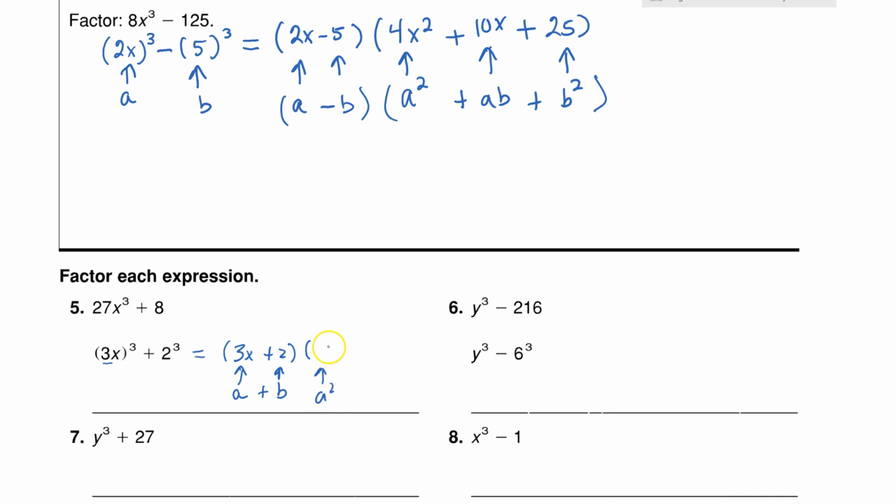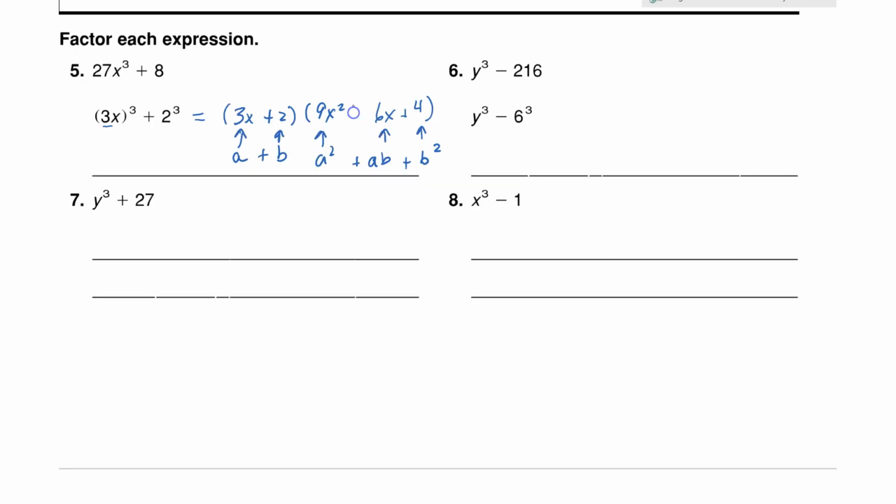In this case, it's going to be 9x squared plus, you're going to have to multiply 2 times 3x, which gives us 6x. That's going to be ab. And then the last one is going to be b squared. So in this case, it's going to be plus 4. So the factors will be 3x plus 2, and we have 9x squared plus 6x plus 4.